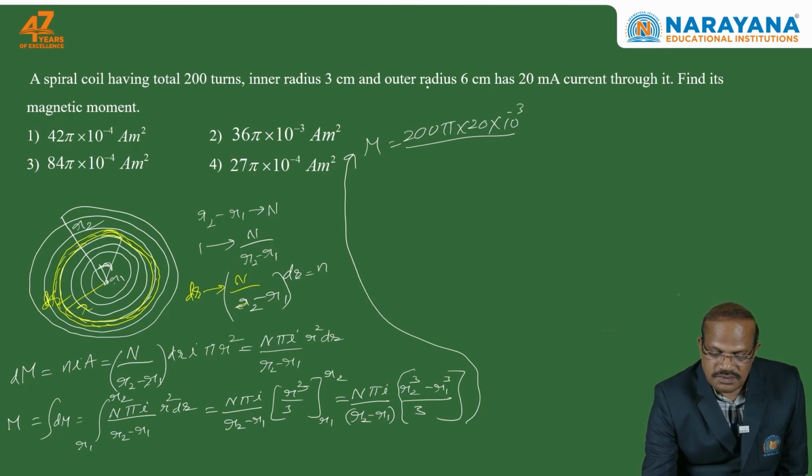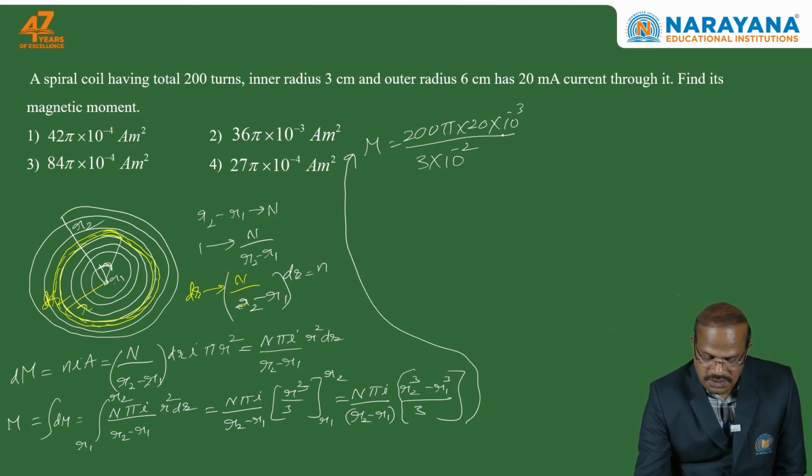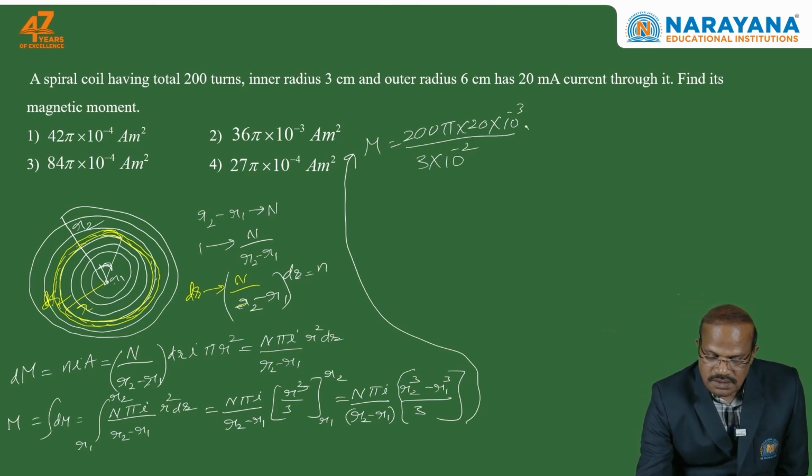R2 is 6 centimeter, R1 is 3 centimeter, so the difference is 3, 3 into 10 power minus 2, converting into meters. And this is R2 cubed.